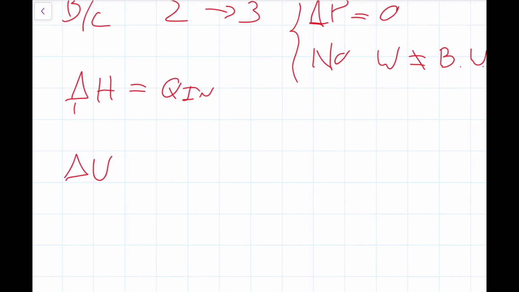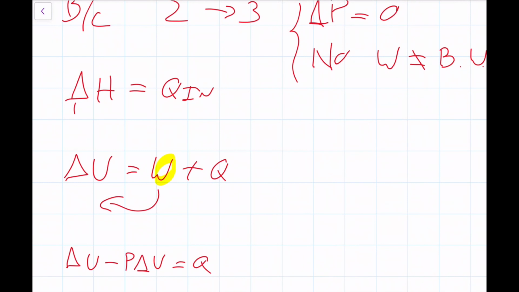My delta U equals my work plus my Q, and then what's going to happen is this guy is going to be my P delta V. My P comes out of the delta because pressure is constant, and I can send it to this side over here, and then we're going to have a term which is exactly the enthalpy, which equals delta U plus P delta V equals Q, right? And we know that this guy here is delta enthalpy, right? So therefore, delta enthalpy equals my Q in.